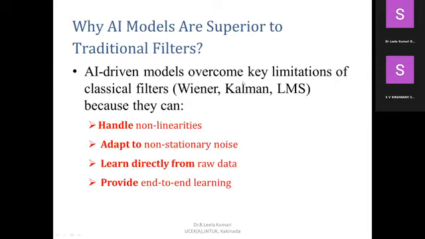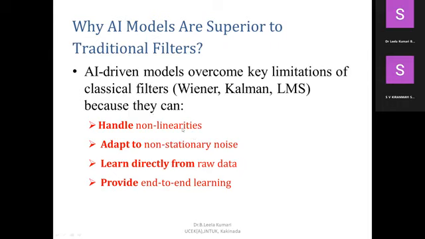So why are these AI models superior to traditional filters? AI-driven models overcome the key limitations that exist in classical filters like Wiener filters, Kalman filters, LMS, RLS, and so on, because they can handle non-linearities.